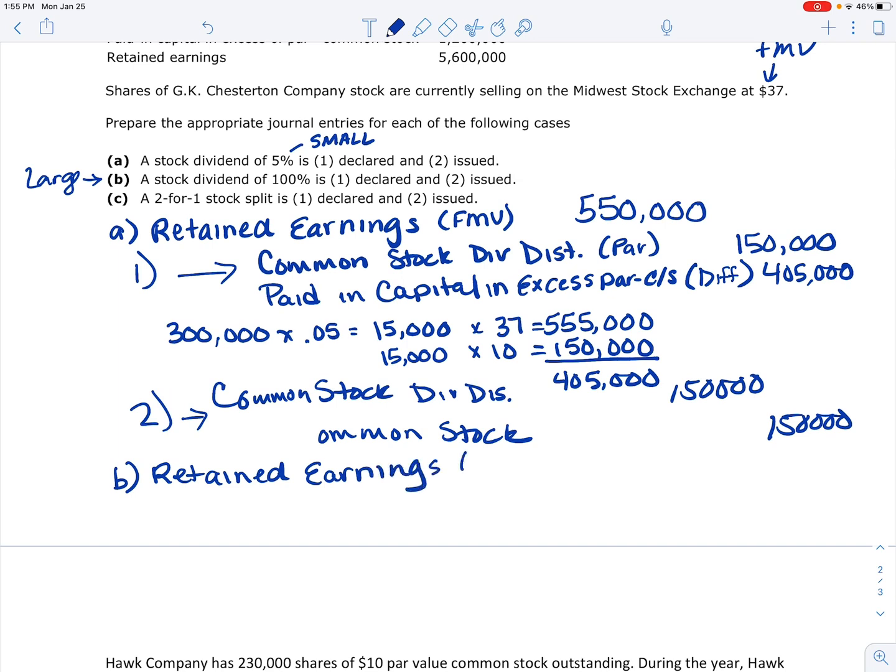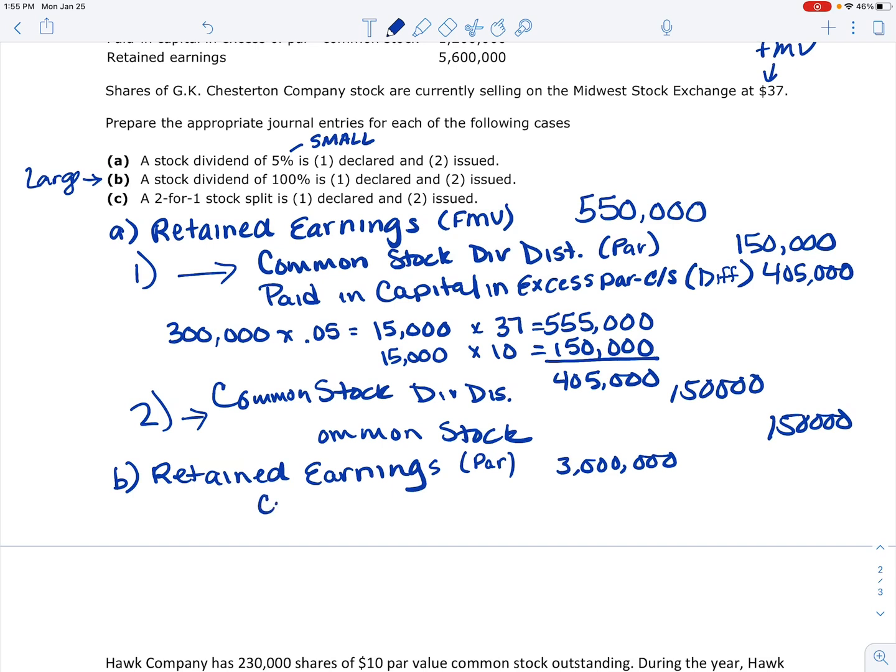But remember, for a large stock dividend, this is at par value. We have 300,000 shares. They're each worth $10. That would be $3 million.